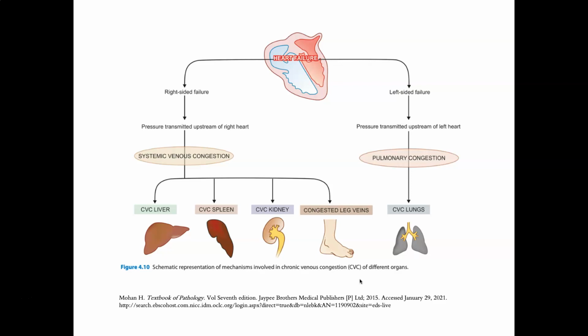So I just think this is great information for you to know and keep in mind that if you're coding a chart, the patient's got heart failure, which side it is will help you know where the congestion is occurring or what to be looking for. And the same thing can tell you, okay, if they've got pulmonary edema, but they don't seem to have edema in their legs or feet, or they don't seem to have kidney problems, you know they're dealing with left-sided heart failure.